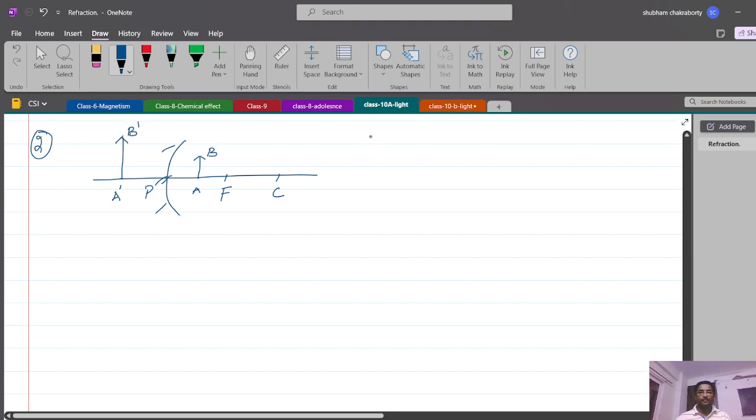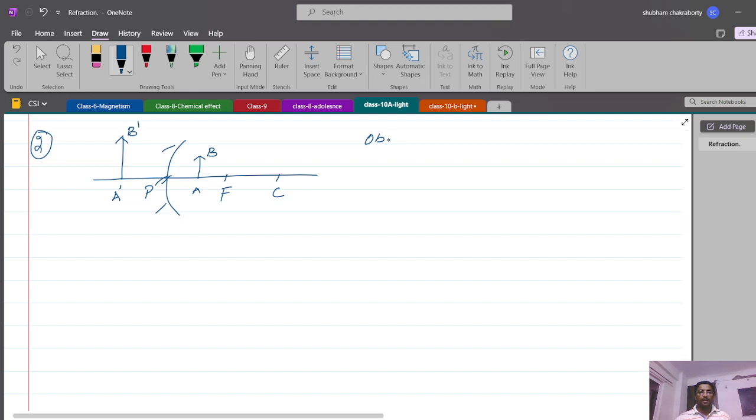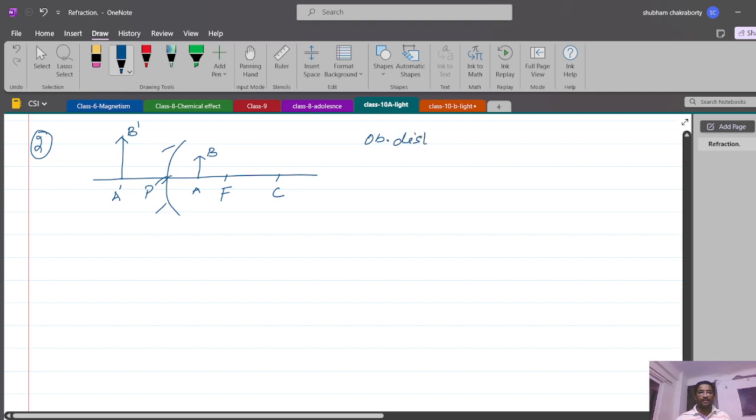So starting again, what is the name of the object distance? Remember, starts from P, so it will be PA. Name of image distance, rule number 1, starts from P, so it's PA dash. The focal length, rule number 1, starts from P, so it's PF. Radius of curvature, rule number 1, starts from P, so it's PC.